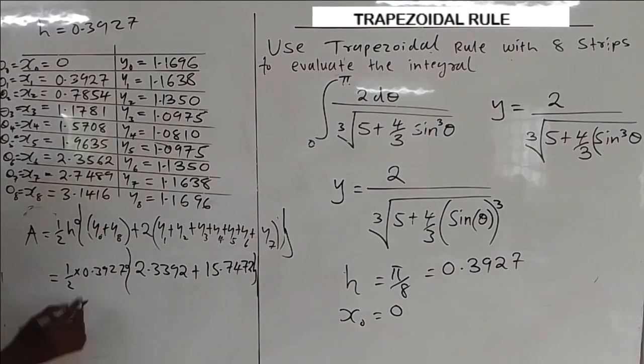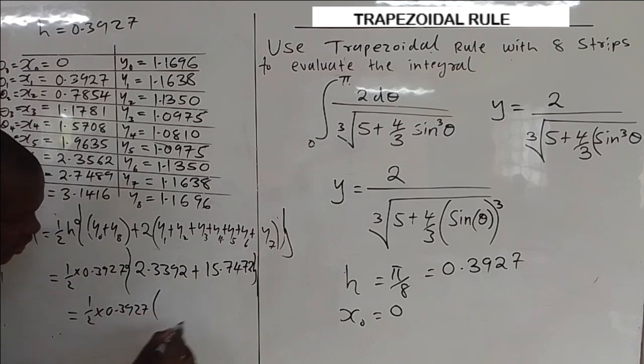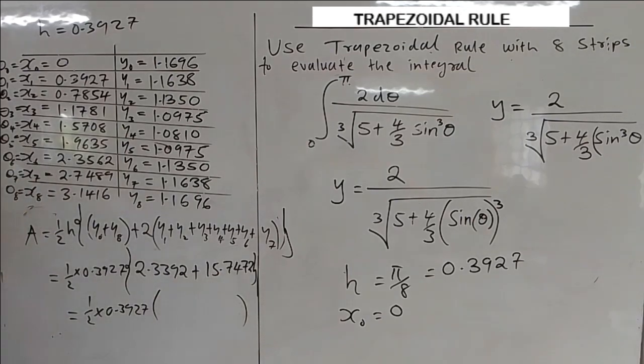So in the end, a half times this, what do you get outside here? A half times 0.3927, then in bracket this plus this. Work out inside the bracket first. 2.3392 plus 15.7472, you get 18.0864.